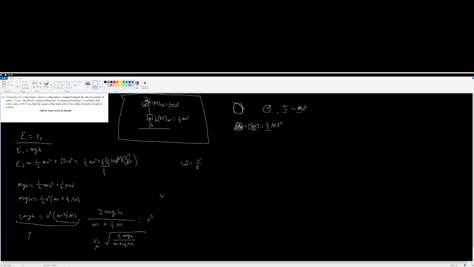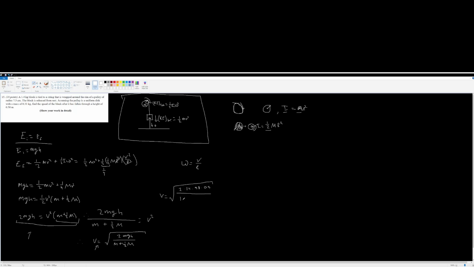We can just plug and chug. v equals the square root of 2 times the mass of the block, which is 1.4 kg, times gravitational acceleration, which we can use just 9.8, times the height, which we have listed as that 0.5 that it's dropping from.